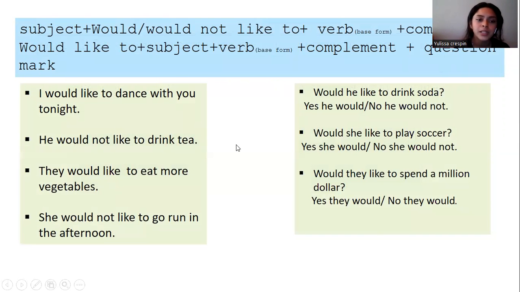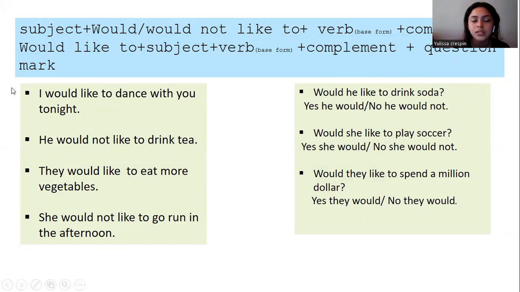And continue with the next one, which is would like to. The structure is the following. First subject plus would or would not like to plus the verb in the base form plus the complement at the end. And also we have some examples. And the first one says, to them to be planned.